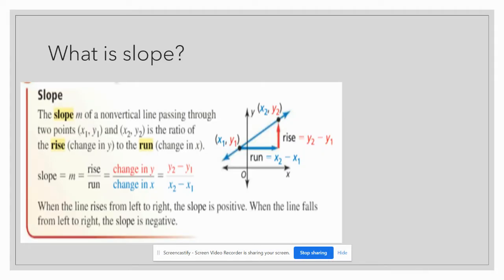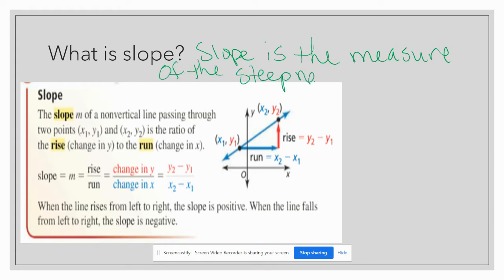Let's start with what is slope? Slope is essentially the measure of the steepness of a line.